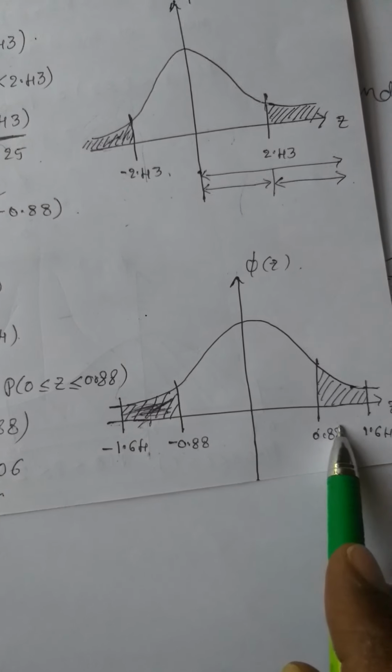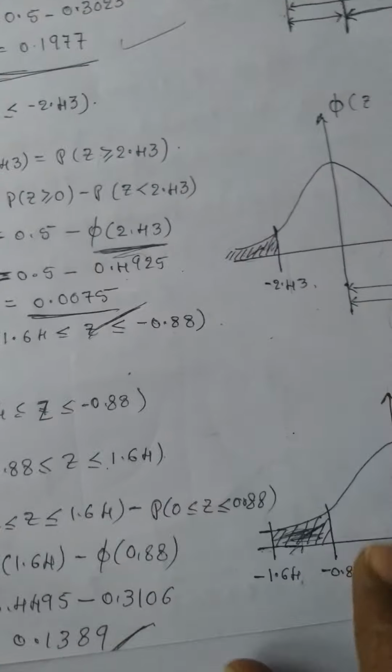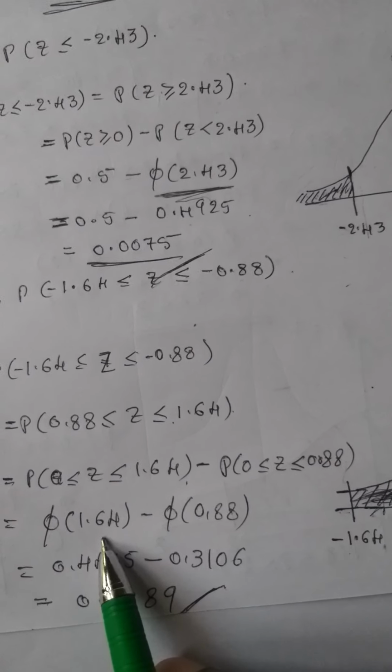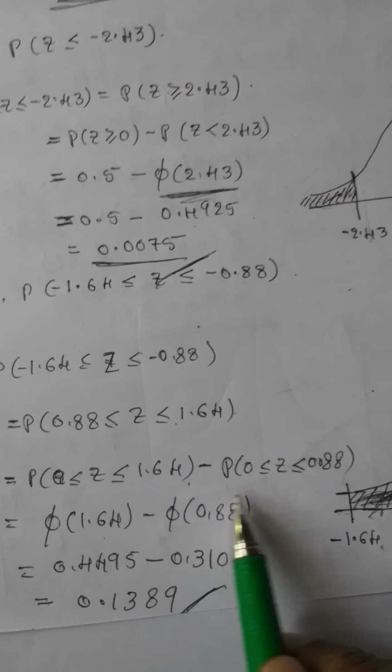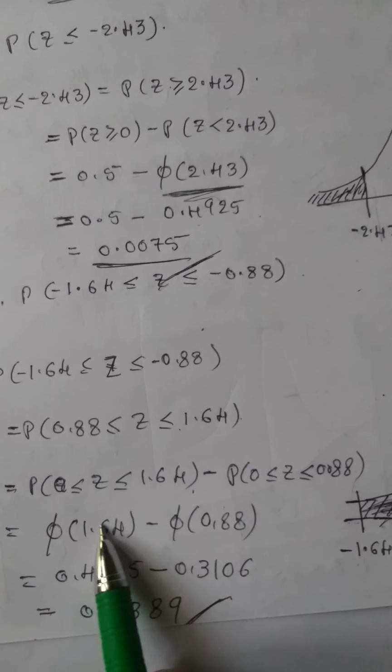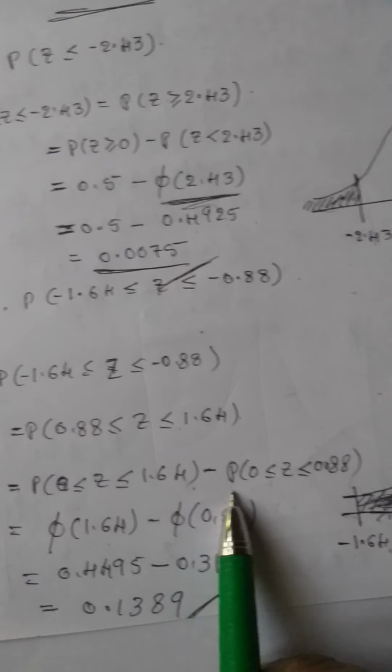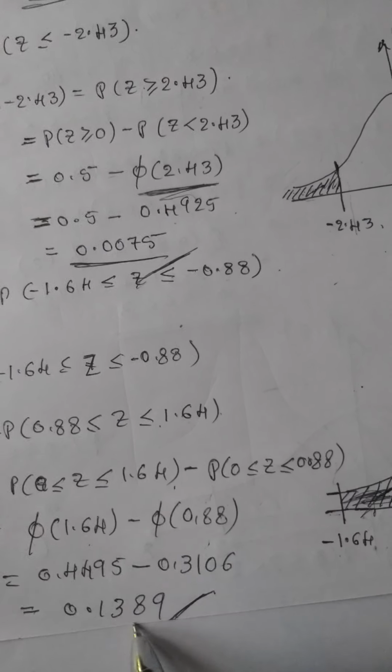Then definitely I am going to get 0.88 to 1.64. That's what we have done here. So we get phi of 1.64 minus phi of 0.88. Both can be calculated either from the normal distribution table or from your calci, and from these two values you can easily get the answer.